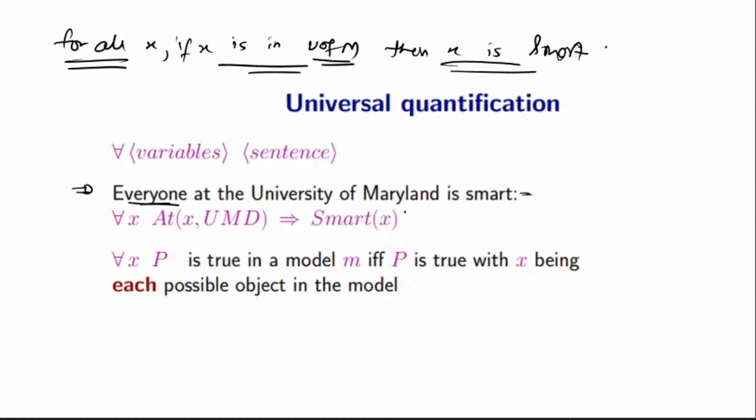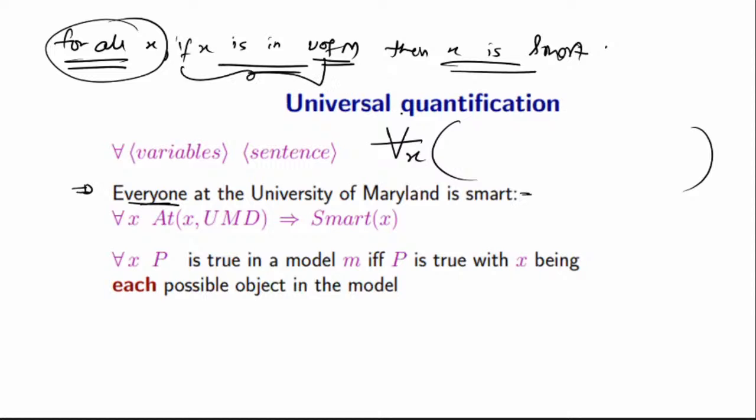This is that statement. Now you can very easily convert it. For all x means for all x. Now inside, what he's saying is if x is in University of Maryland, which is basically At(x, UniversityOfMaryland). Remember, this is a predicate. And the meaning of this predicate will be given to you in the GATE exam. In any exam they will give you the meaning of this predicate. So let me tell you the meaning: x is at the University of Maryland.